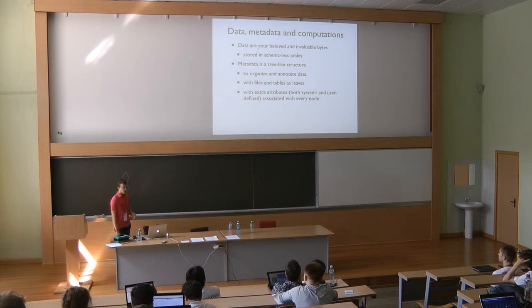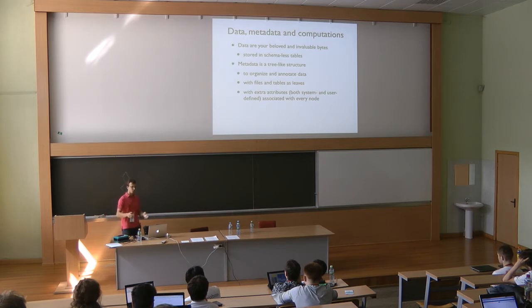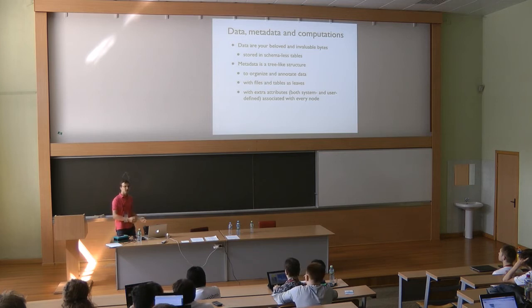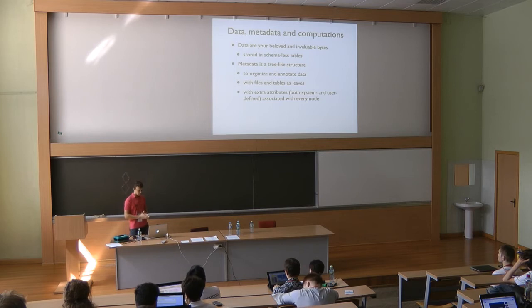For example, a common structure in our cluster nowadays is a folder called, for example, access logs, where you have a lot of tables named by the particular day, for example, 2013-02-03, the 3rd of February. And there is extra meta information associated with that table, for example, the number of records, the data size, the unique ID, or whatever the user wants to store.